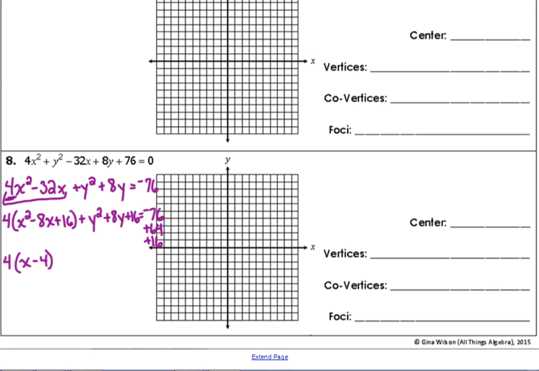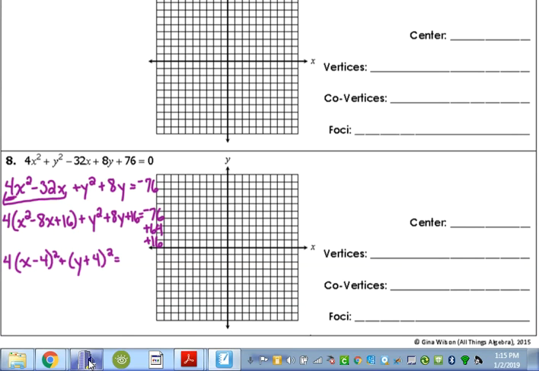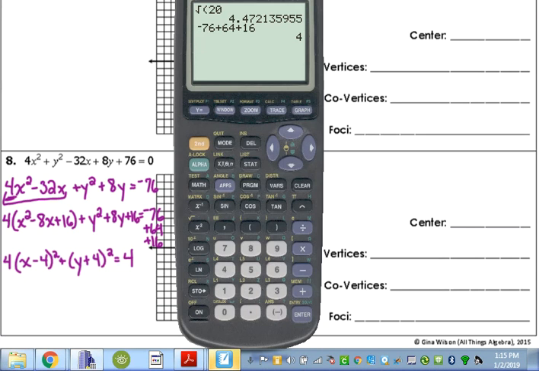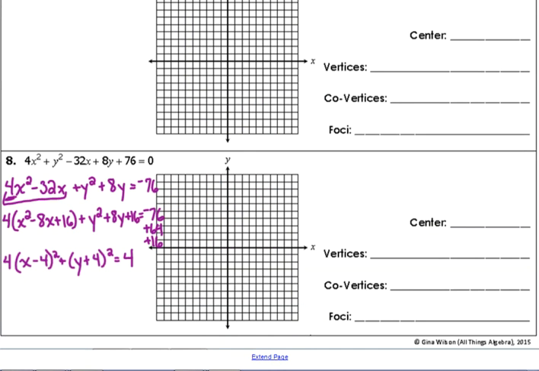So 4 times (x minus 4) squared plus (y plus 4) squared is equal to, let's see here, negative 76 plus 64 plus 16 is 4. Now, an ellipse is always equal to 1. So we go through and we divide by whatever was left over on the right side.